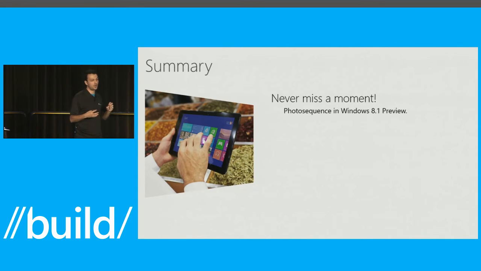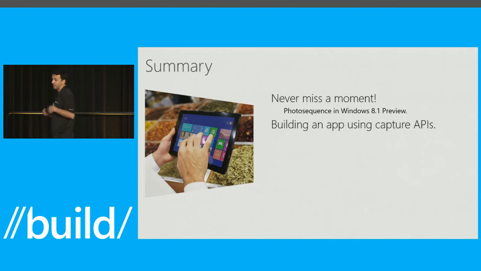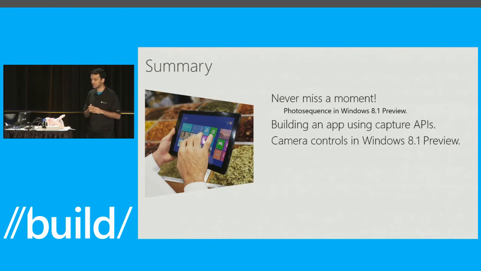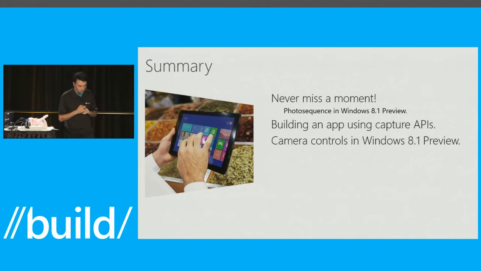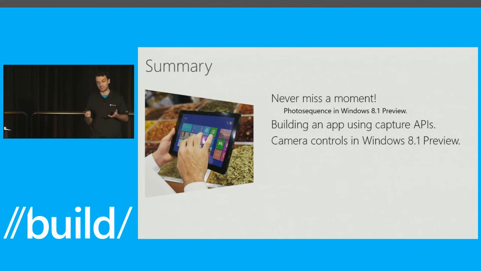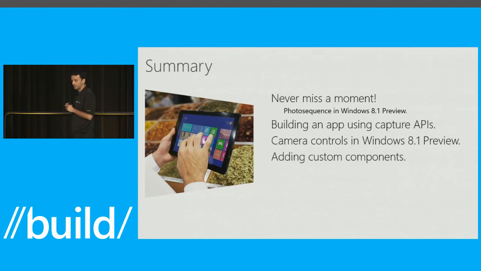There are some helper functions, like the number of frames that you can capture at a given moment, depending on the light conditions. We built some quick apps using the basic media capture APIs. We talked about some of the new controls that allow the users and you as a programmer to fine-tune the experience.